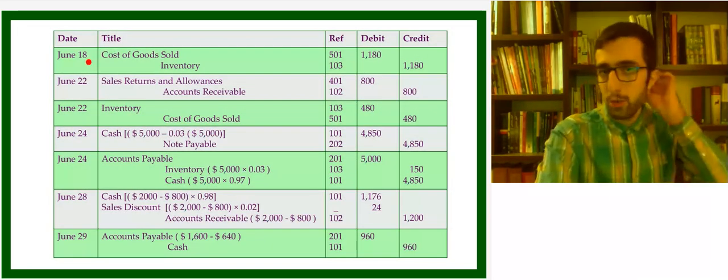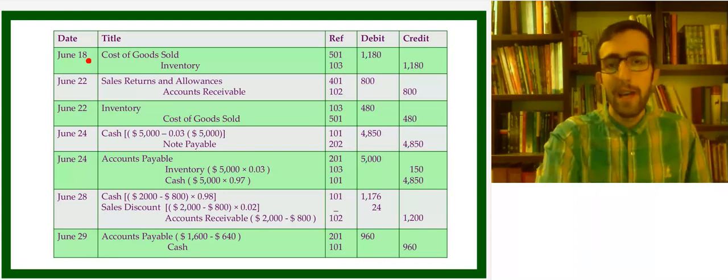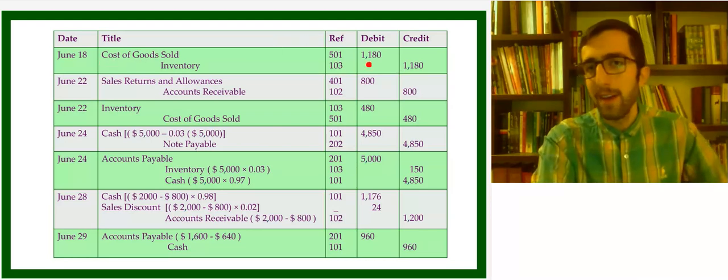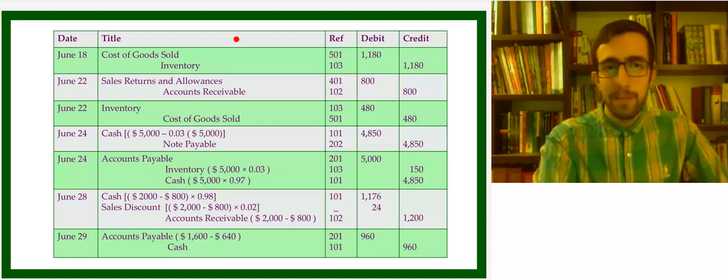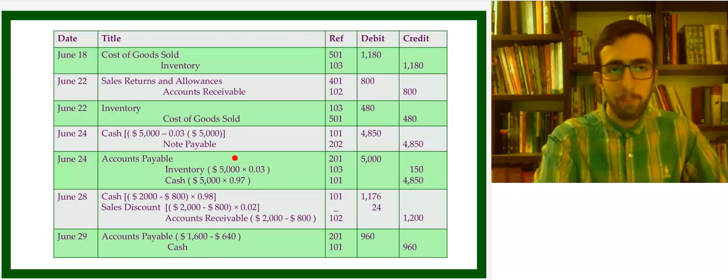And we have another entry because we sell inventory. In the perpetual system, we have two entries: cost of goods sold $1,180 on the debit side and inventory $1,180 on the credit side.